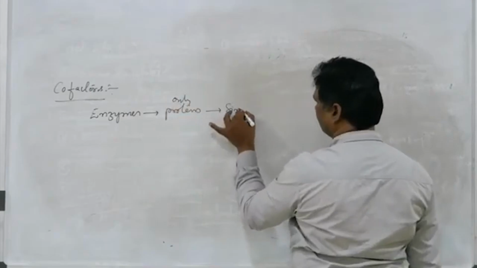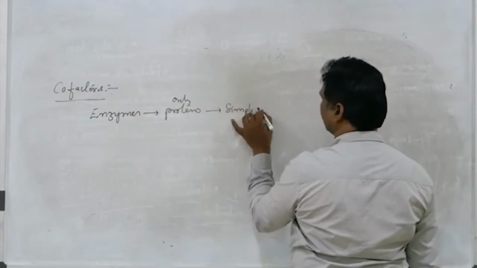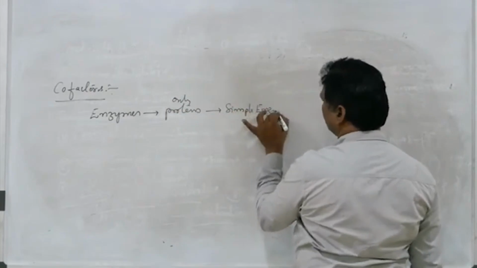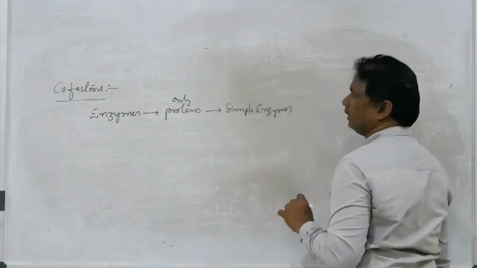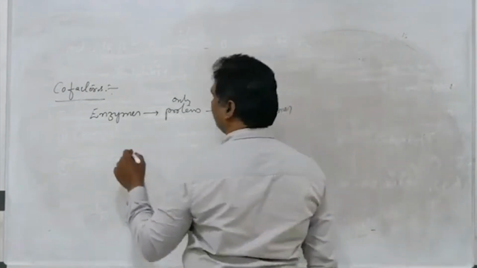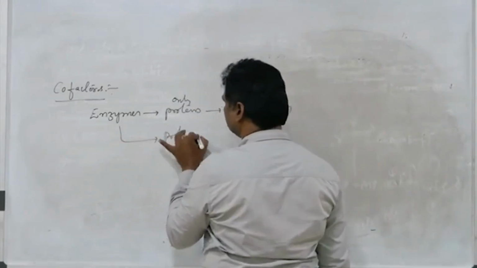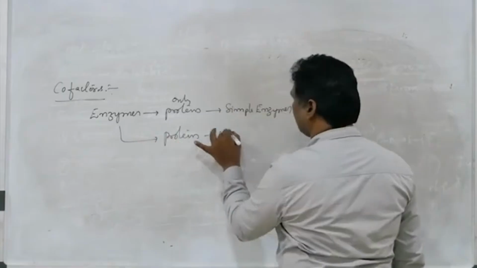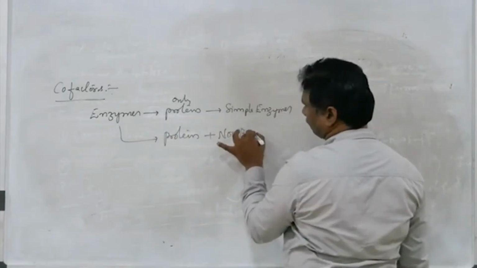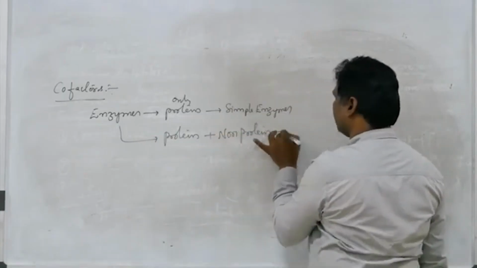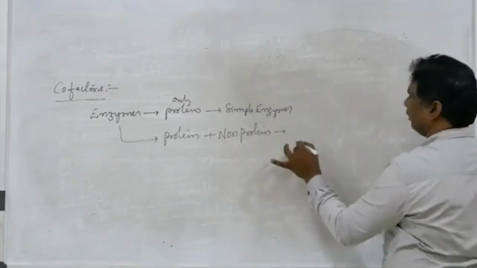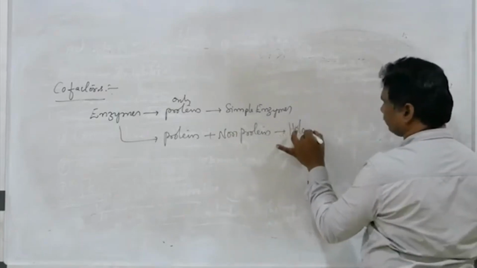those are called simple enzymes. Sometimes an enzyme has a proteinous part and also a non-proteinous part. Such types of enzymes are called holoenzymes.